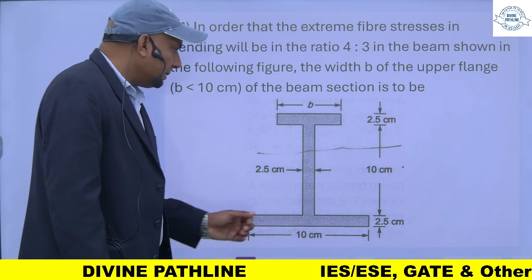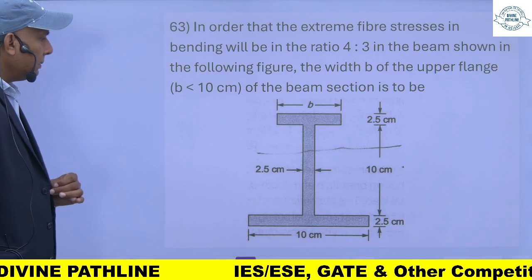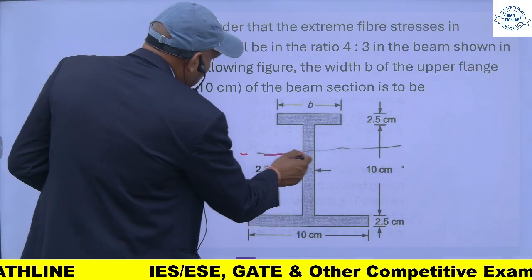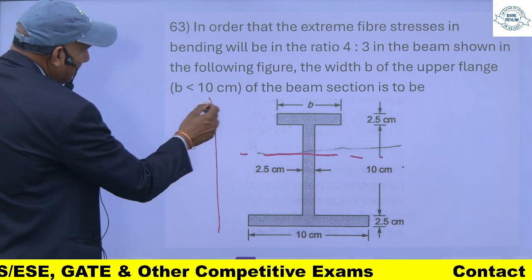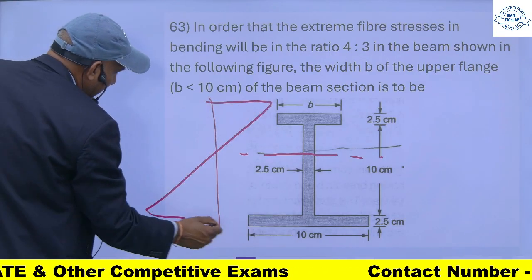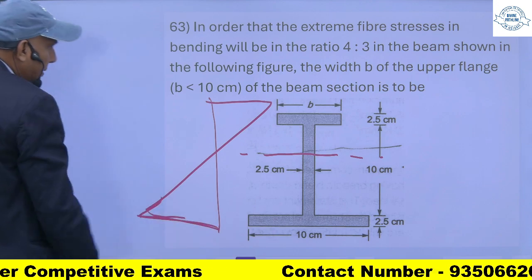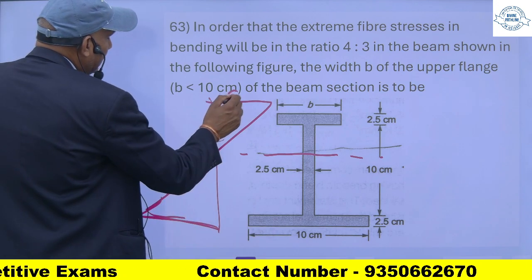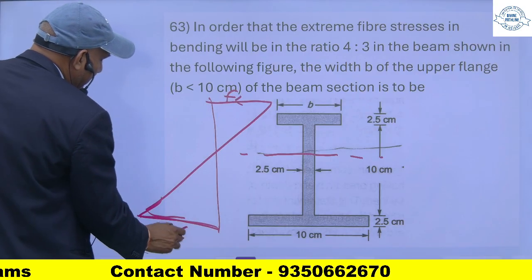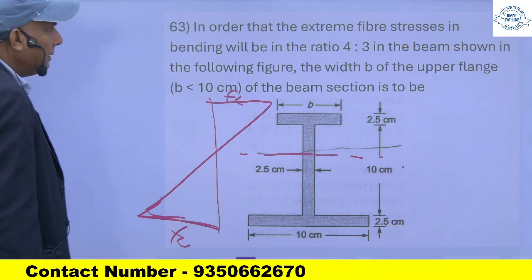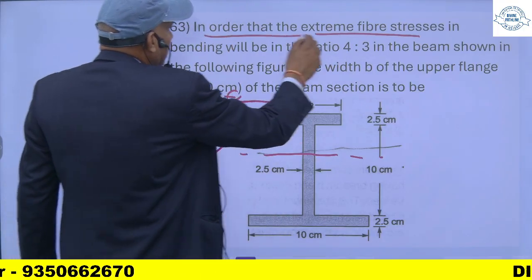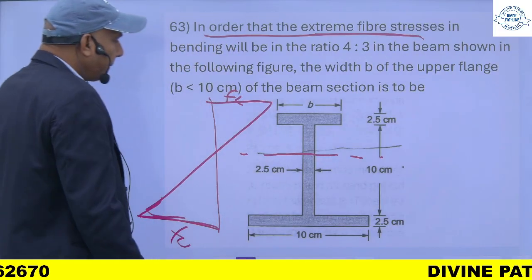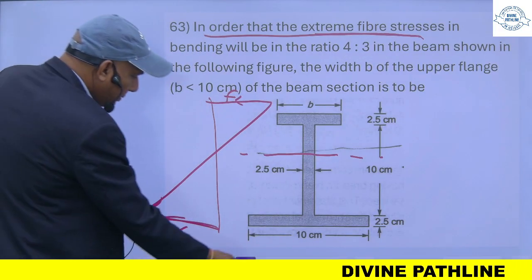So in this case, suppose this is the neutral axis, so its bending stress diagram will be like this. This is bending compression, bending tension. What he says is that the ratio will be... oh, I think it's wrong.